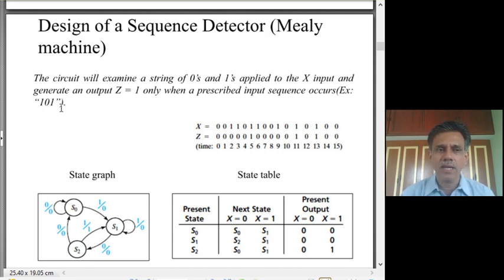So what we are emphasizing is that whenever we have, at any clock period, a sequence which ends at 101, then that has to be detected and the output has to indicate that. How do we indicate it?